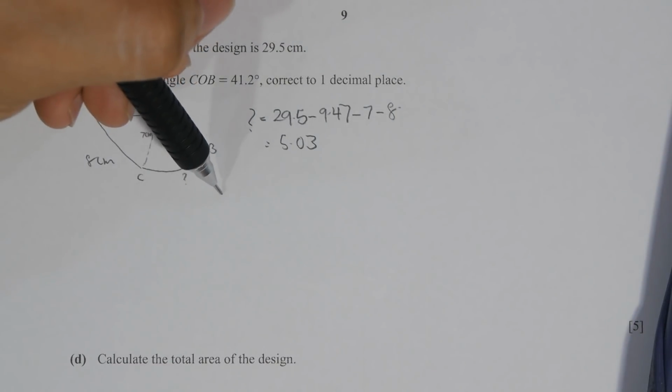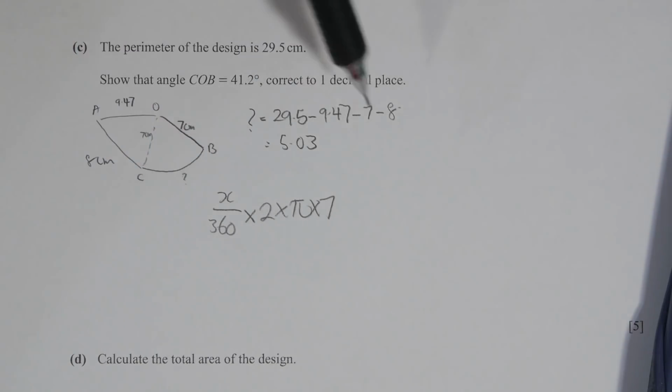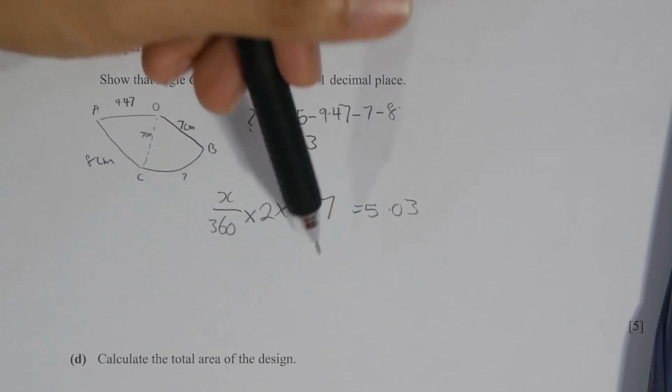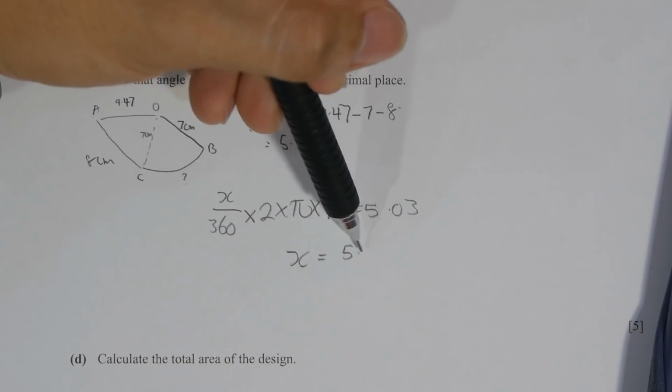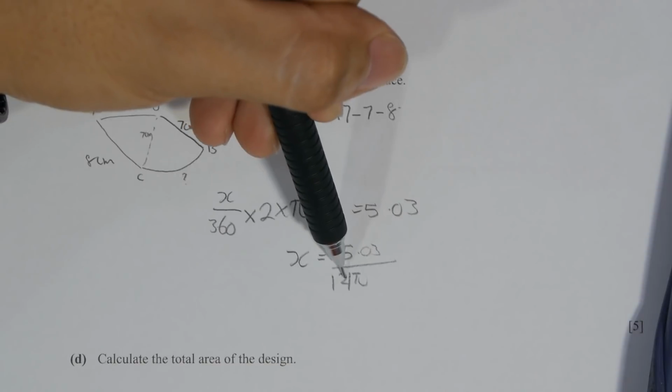So x over 360 times 2 pi r, in our case r is 7, equals 5.03. Run the calculation, then you will get the result as 41.2 degrees.